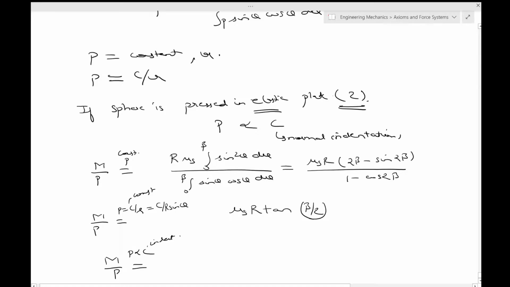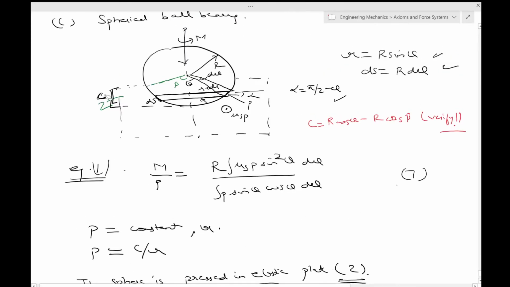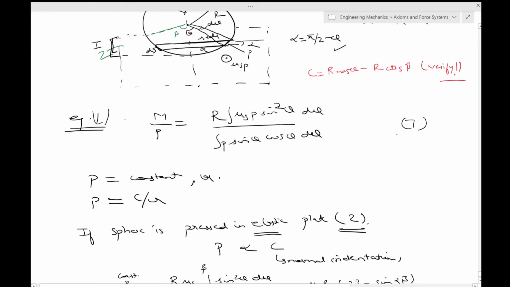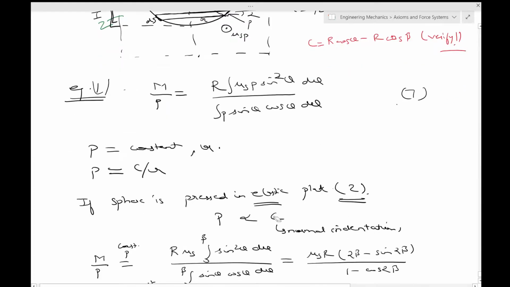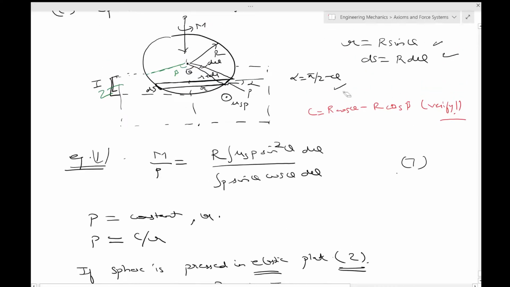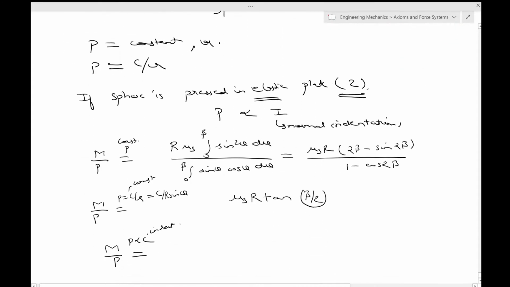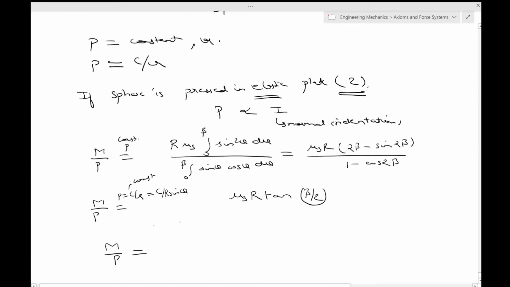Perhaps we should have a different symbol for it, okay, actually we should. So I'll just correct it to say I over here, and I'll write this as I, and this as I. Now P being proportional to I implies that P is equal to A into R cos theta minus cos beta.